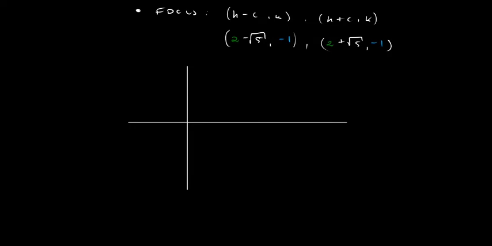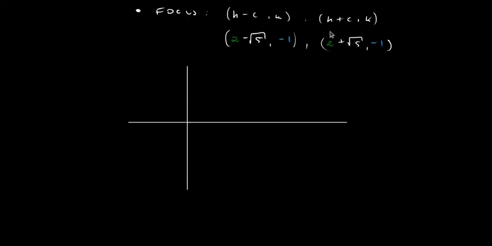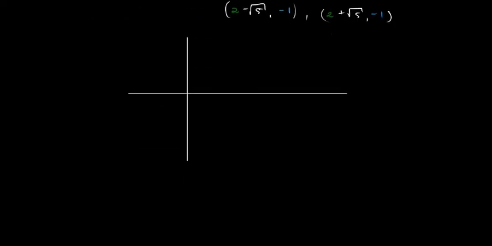Let's start with the center. It is in (2, -1). Now the focus points are in 2 minus the square root of 5, that is something like 0.2, and -1.